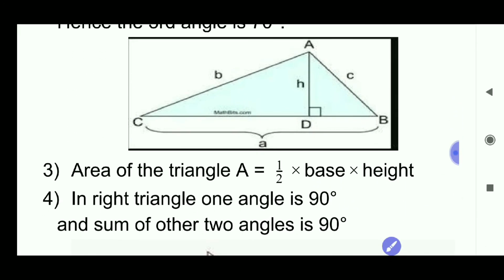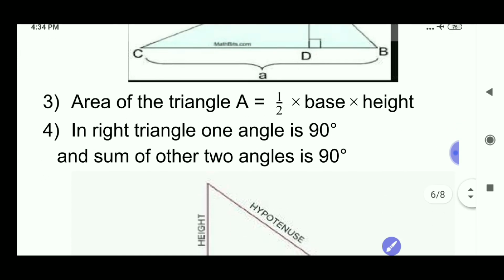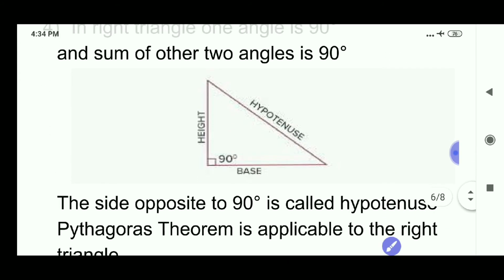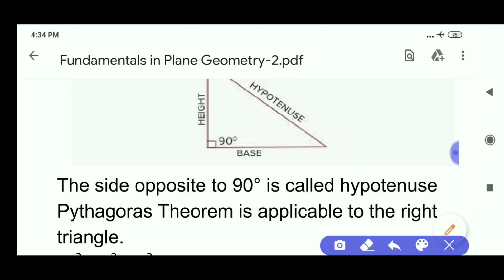The area of a triangle, the formula is half into base into height. In a right triangle, one angle is 90 degrees, the sum of the other two angles is also 90 degrees, and the side opposite to 90 degrees is called the hypotenuse.